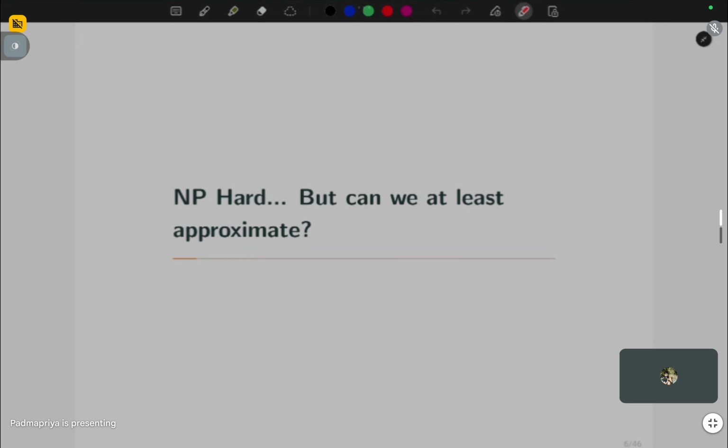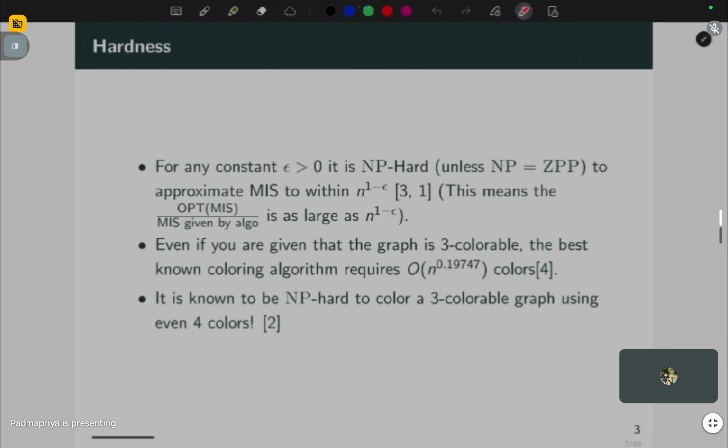One way to cope with NP hardness is by using approximation algorithms. And it turns out that even in the approximate scenario, both of these problems are really hard to solve. What do I mean by hard in the approximate scenario? It is known that given a constant epsilon greater than zero, it is NP hard to approximate the independent set problem and coloring to within an n to the power of 1 minus epsilon approximation ratio.